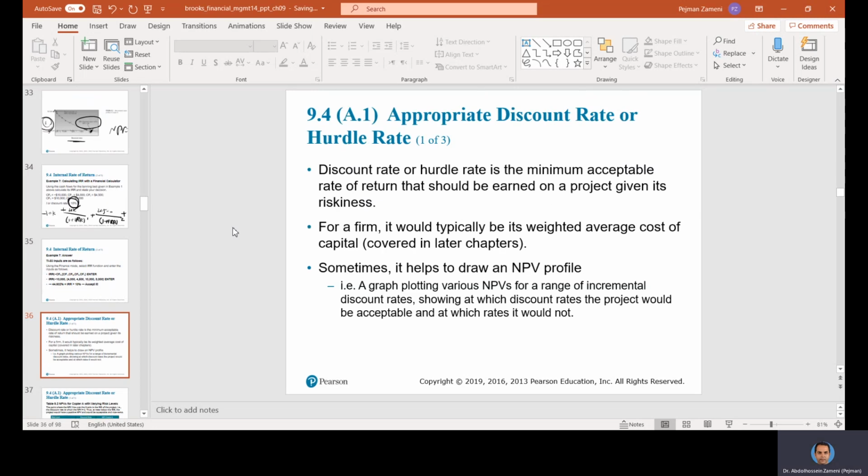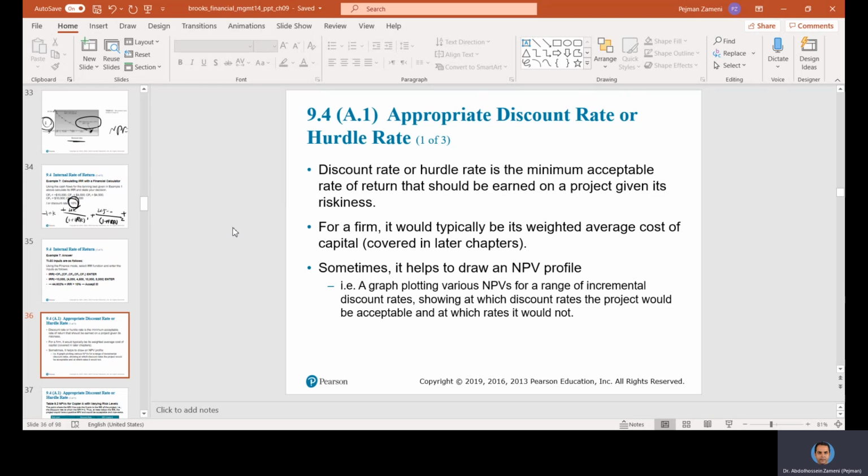Okay, appropriate discount rate or hurdle rate. The discount rate or hurdle rate is the minimum acceptable rate of return that should be earned on a project given its riskiness. What does this mean? It means that the particular project should have this particular hurdle rate or return.